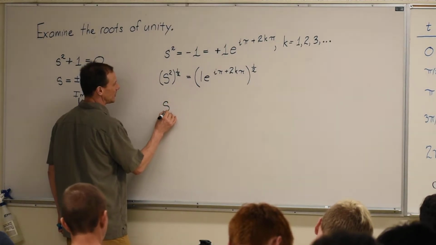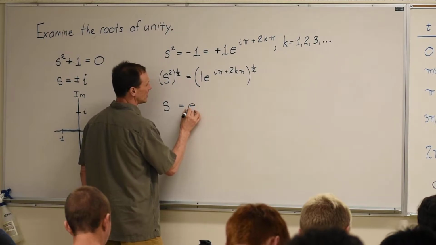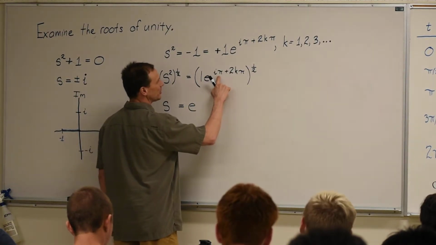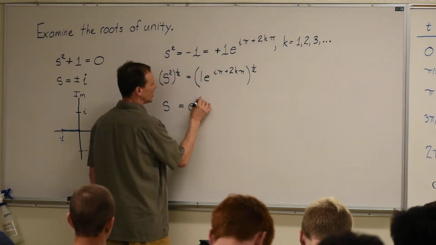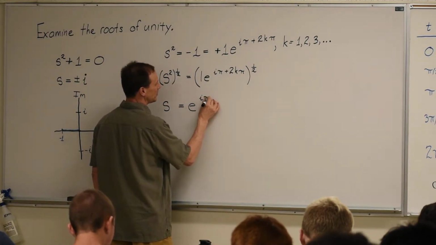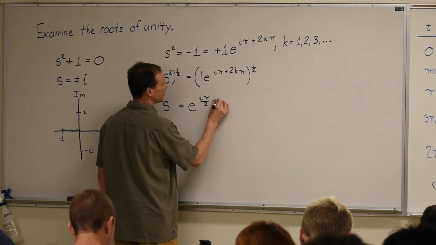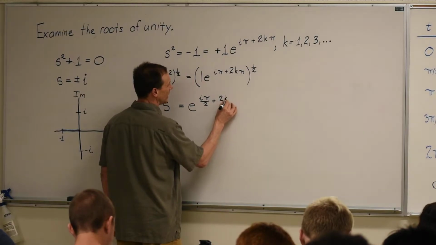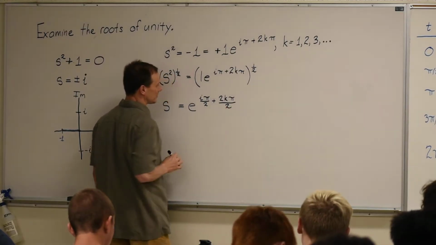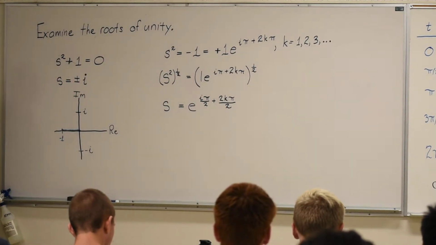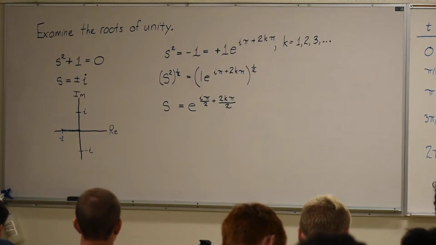We get s is equal to e, but wait a minute, that just puts all of this divided by 2. So it's going to be i times (π/2 + 2kπ/2). Now let's check our solutions. Hopefully this works.